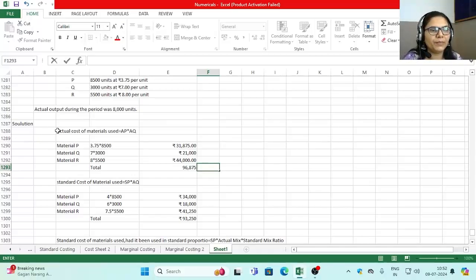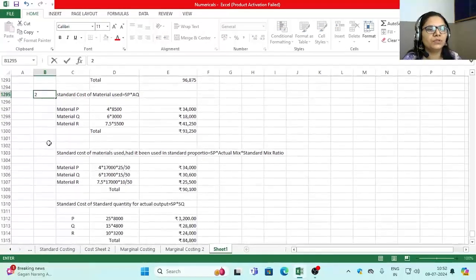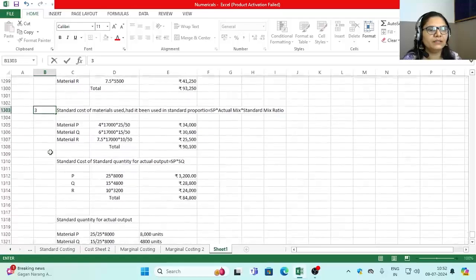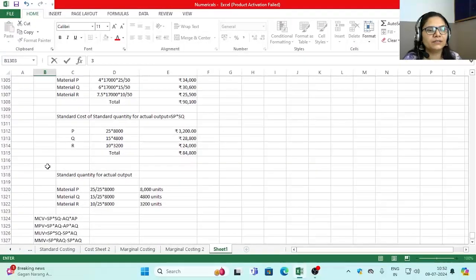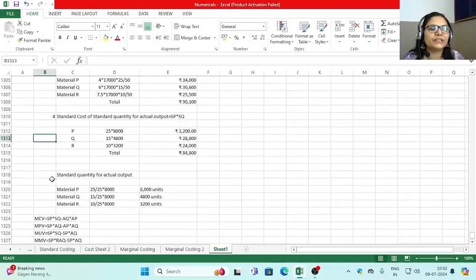If you number them now, it will be easier for you. It is 1, 2, 3, 4. We have 4 calculations we need to do beforehand in order to make the question easy.